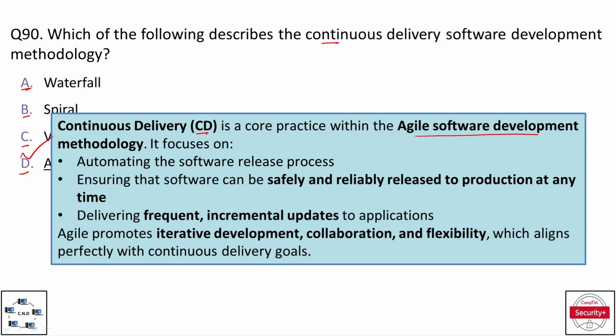It focuses on automating the software release process, ensuring that software can be safely and reliably released to production at any time, and delivering frequent incremental updates to applications. Agile promotes iterative development, collaboration, and flexibility, which aligns perfectly with continuous delivery goals.